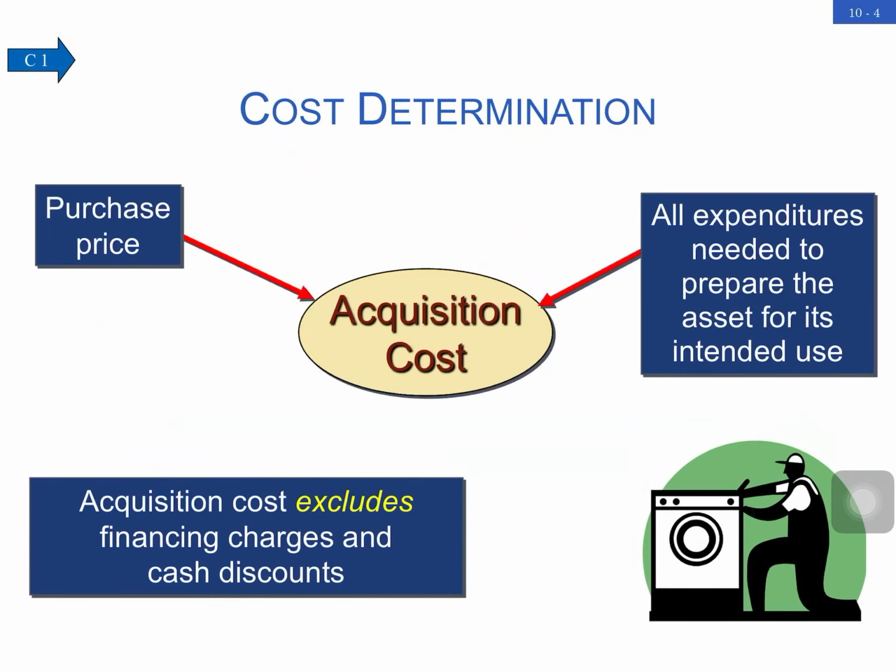And then cost determination. How do you determine the cost of PPE? We call it the acquisition cost. The acquisition cost includes the purchase price, the price given by the seller to you when you buy the PPE, and all expenditure needed to prepare the asset for its intended use.